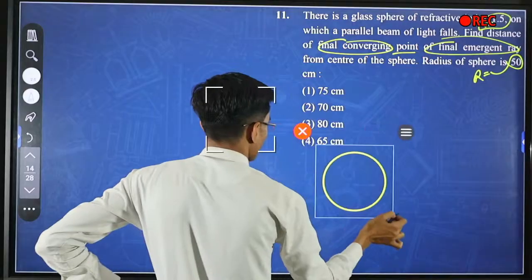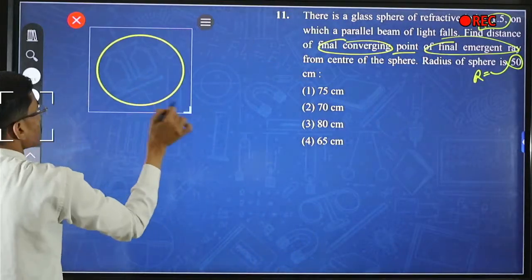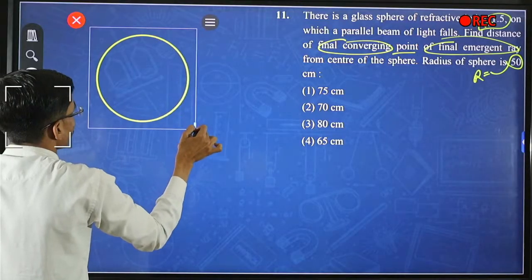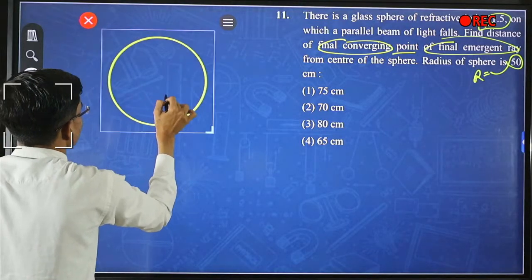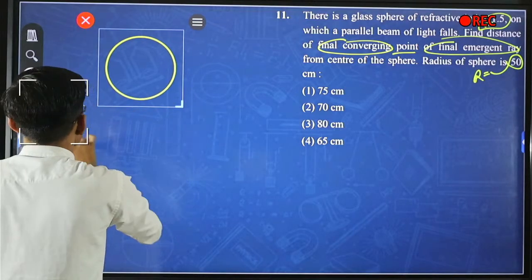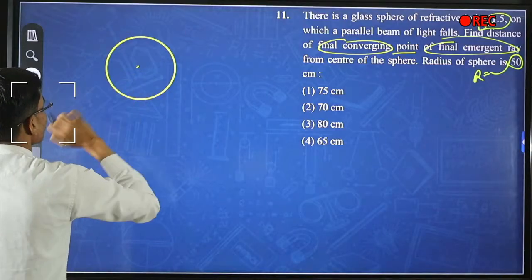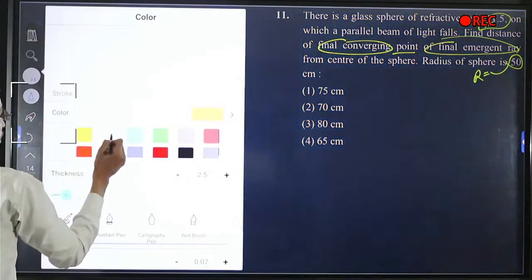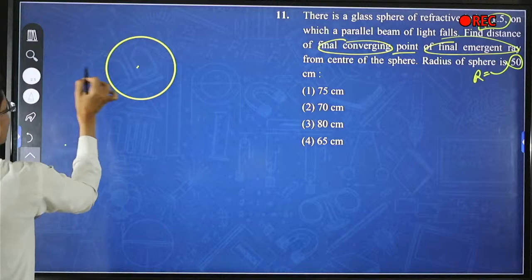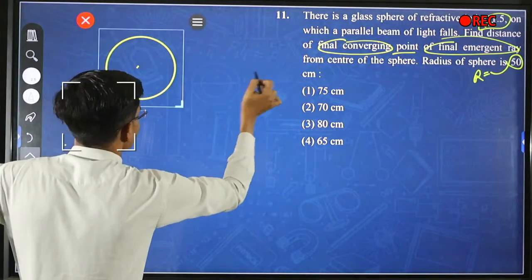Okay, let us write here. I think this will acquire some space. Okay, this is the center. Now parallel rays are coming. Let us say this is the axis of the spherical surface.